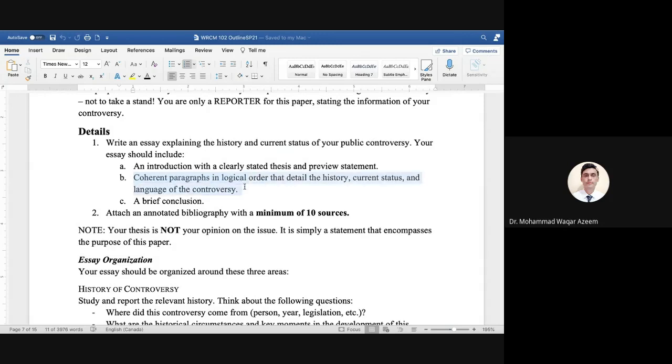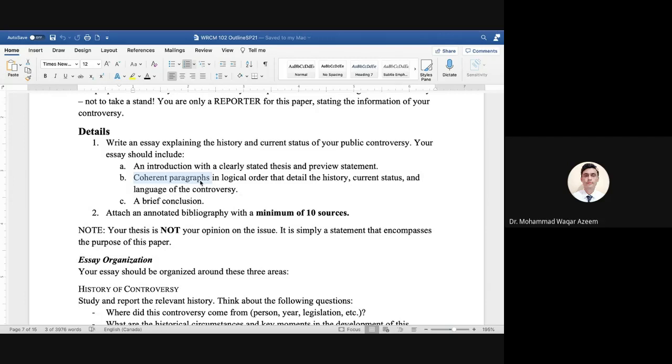The second part of your essay is a number of coherent paragraphs in logical order that detail the history, current status, and language of the controversy. So the first thing, coherent paragraphs. What kind of paragraphs are coherent paragraphs? Coherent paragraphs are the ones which are well structured.